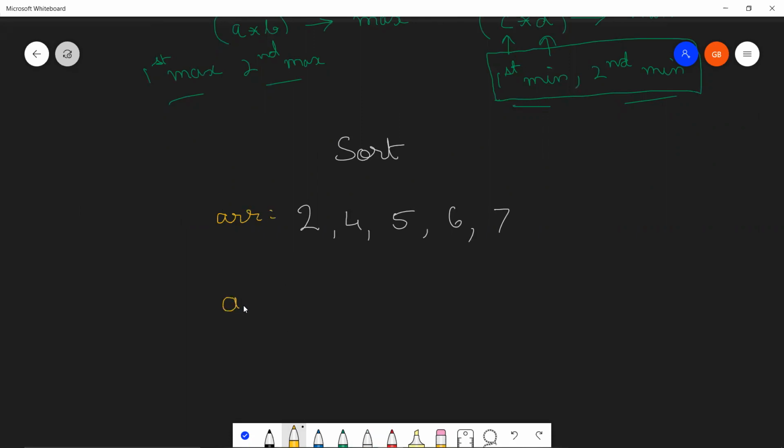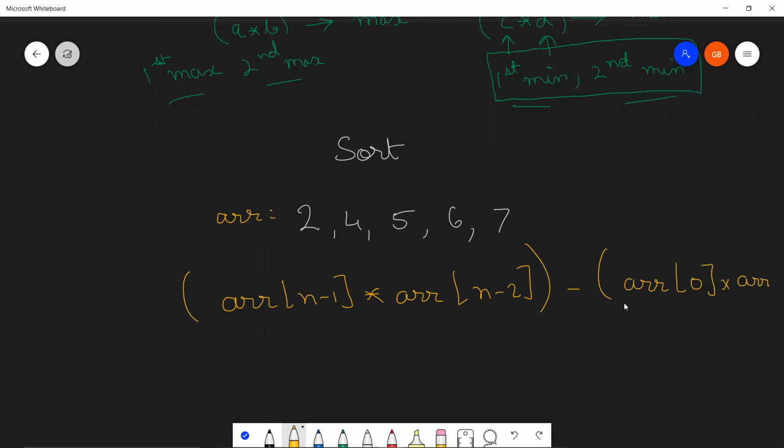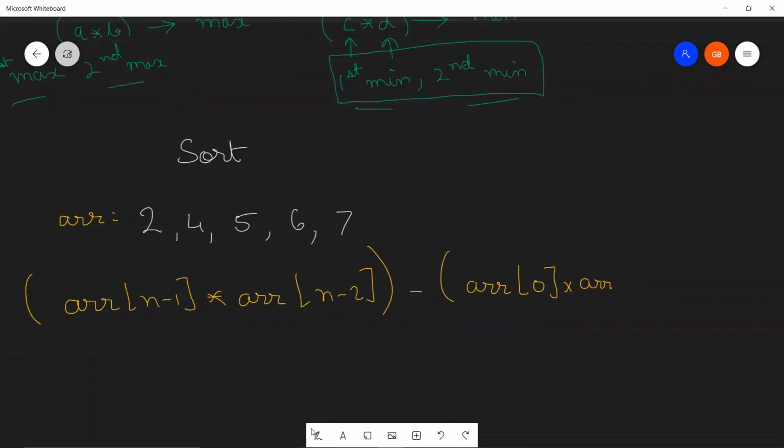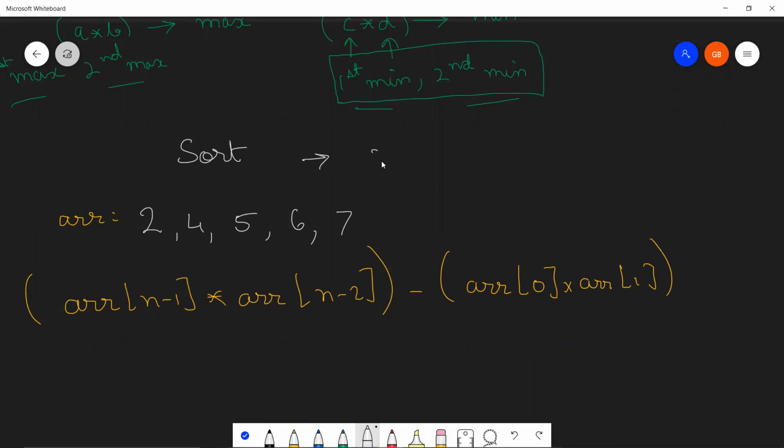So your answer will basically be ARR[n-1] into ARR[n-2] minus ARR[0] into ARR[1]. As simple as that. This is the sorting solution, and you must know, obviously, that sorting takes n log n complexity. Right? Is there a better solution than this?